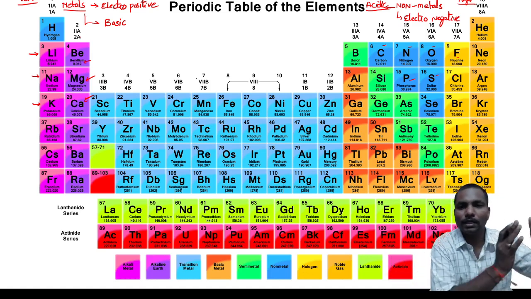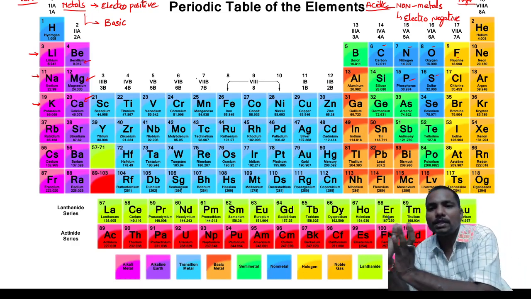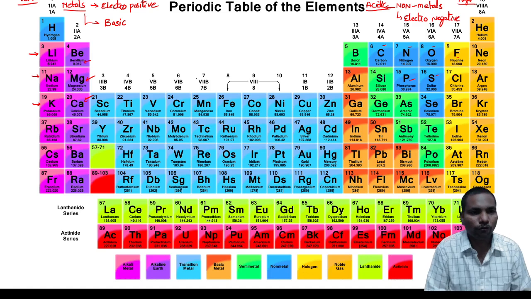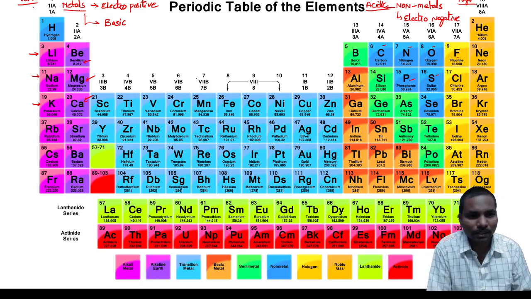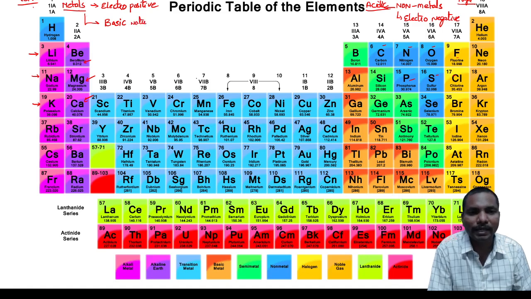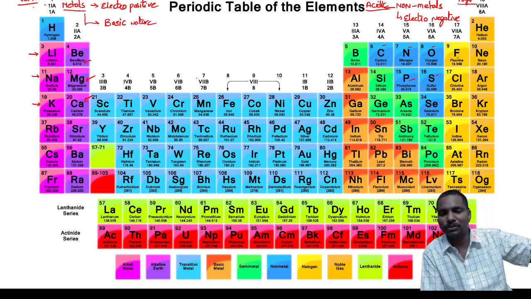So metals are on the left side, non-metals are on the right side. From left to right, metallic nature, electropositive nature, basic nature, all will decrease. These are highest on the left side.